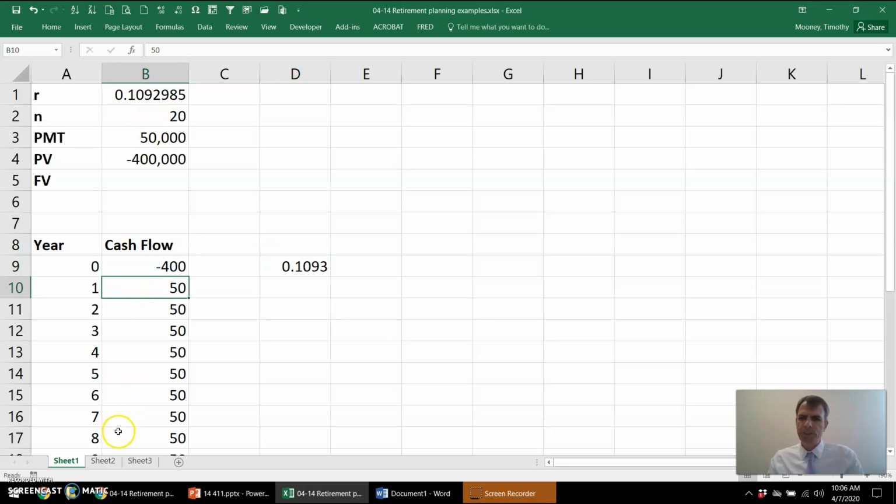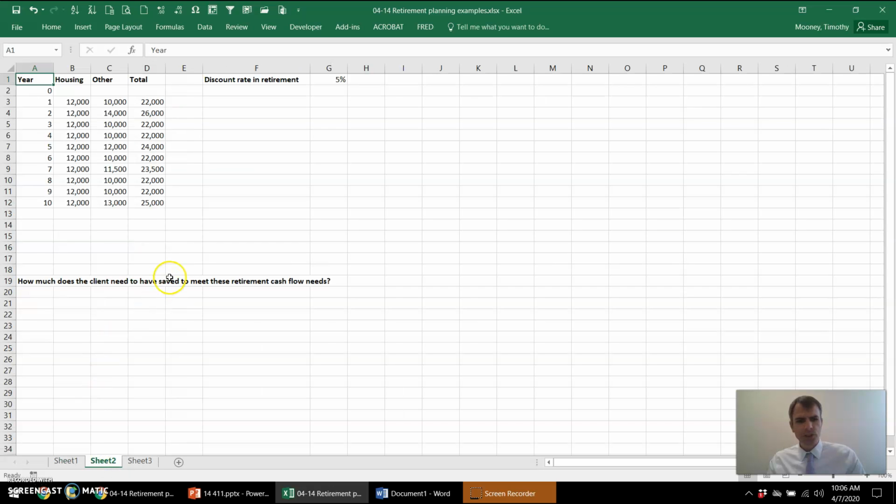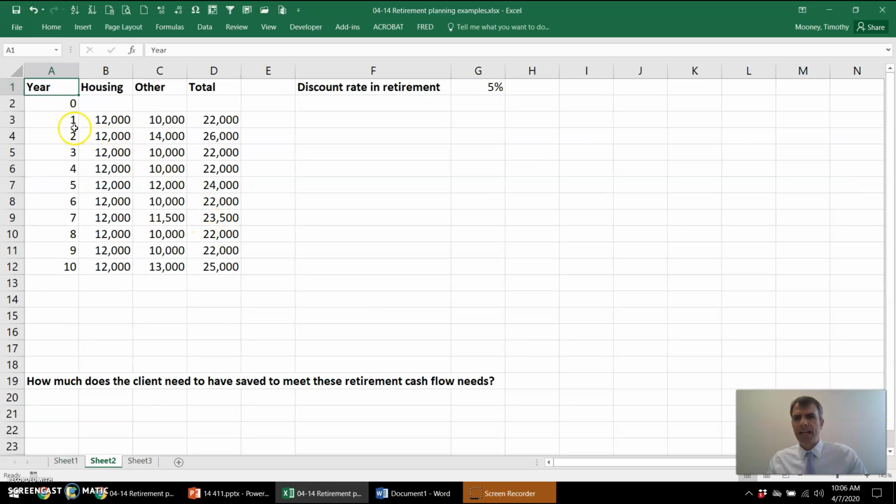So let's look at a couple other examples just to provide some context. On tab 2, sheet 2, we've got a 10-year horizon and then just some simple forecast retirement expenses just for illustrative purposes, right? So housing seems to be fixed, $1,000 a month. And then here's some other expenses, who knows what they entail. And then the total expenses is just the sum of these two.